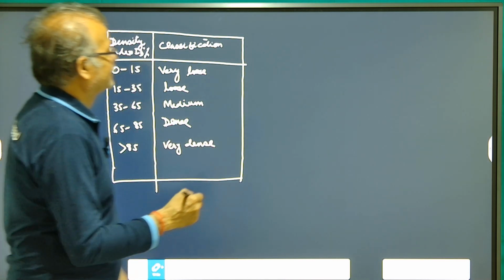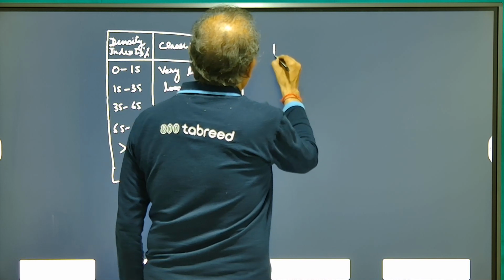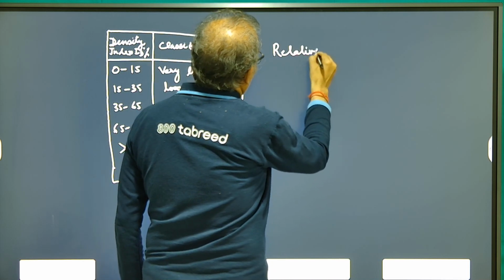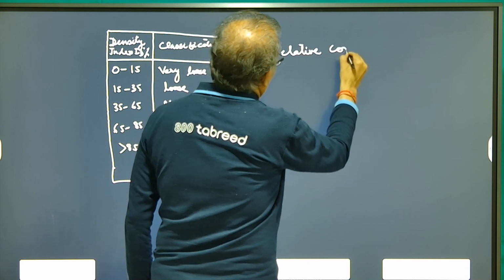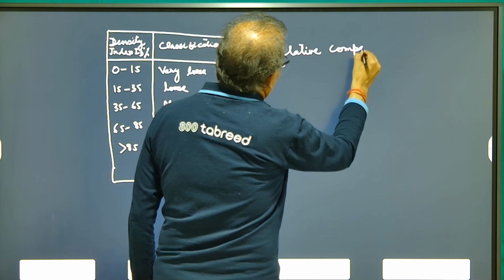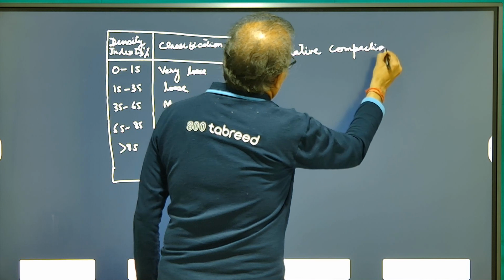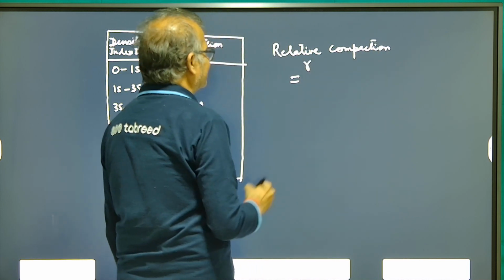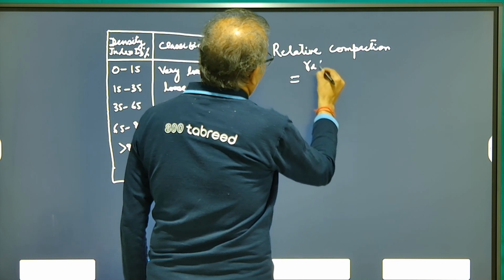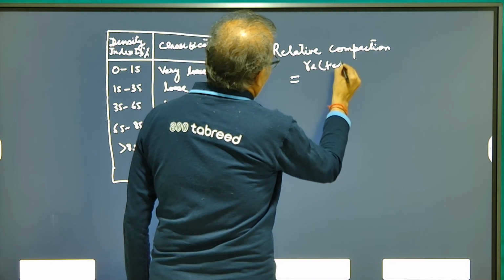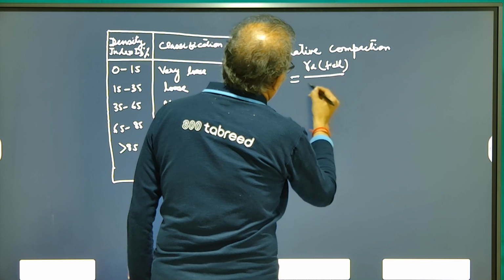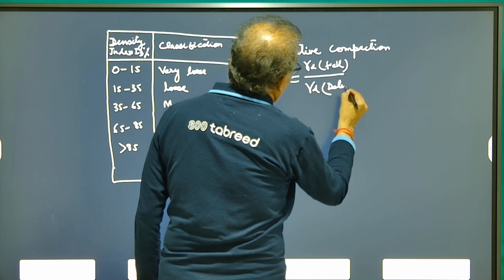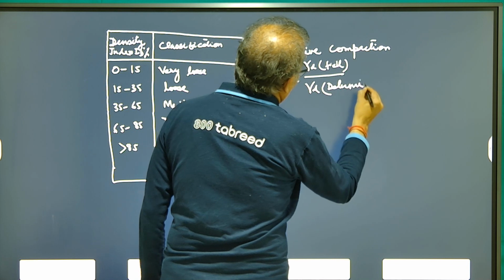Now one more relationship is there, relative compaction. Relative compaction is gamma D in the field divided by gamma D determined in the lab of the same soil.